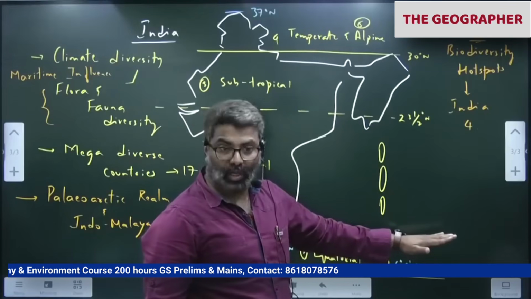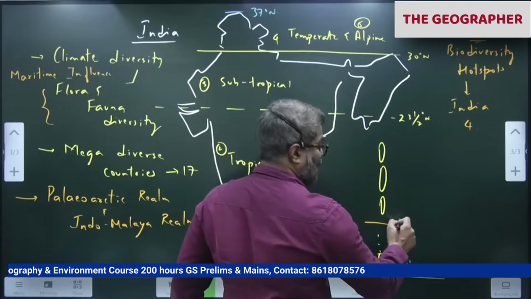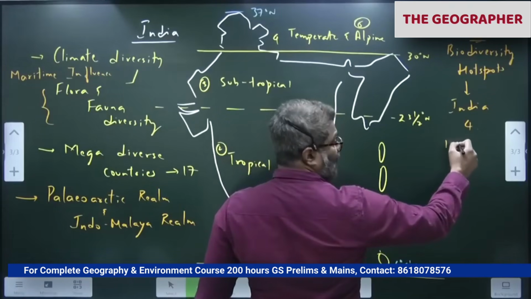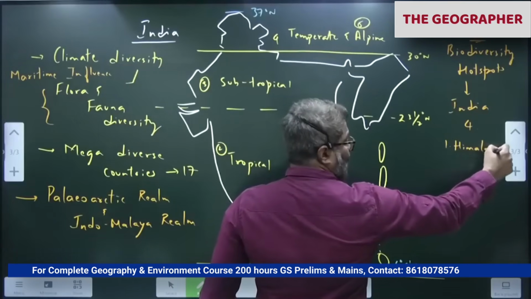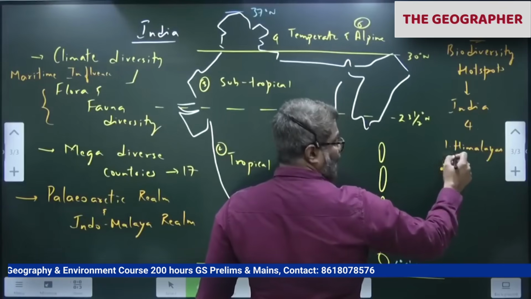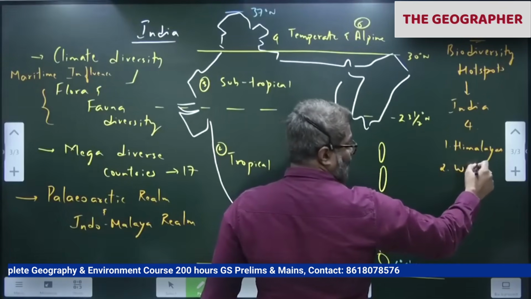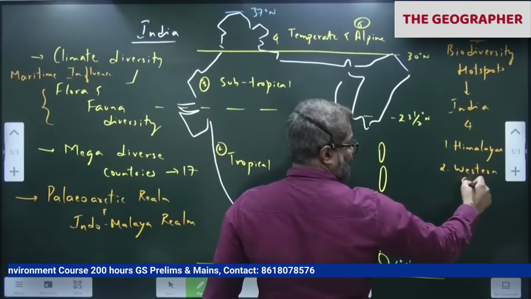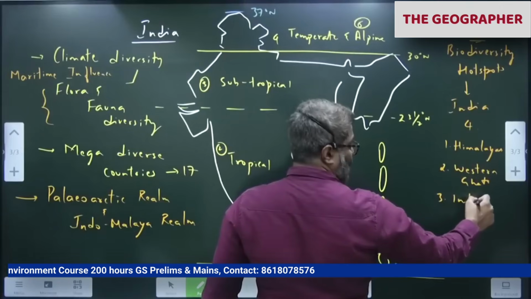Remember Sunda? Sunda is this, below the 10-degree channel. So 4 hotspots we have: Himalayas. I am giving an introduction to Indian biodiversity. Western Ghats. Indo-Burma.